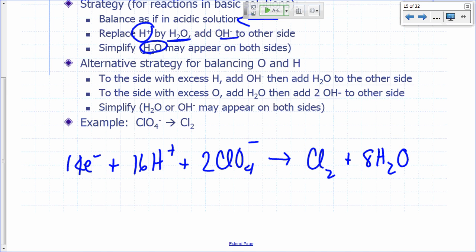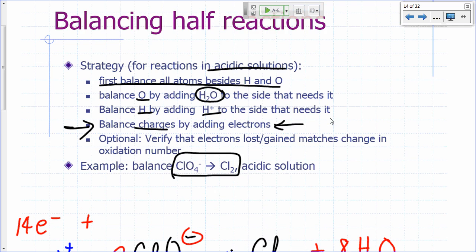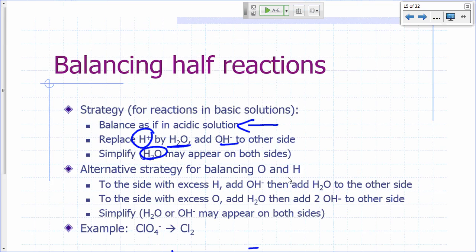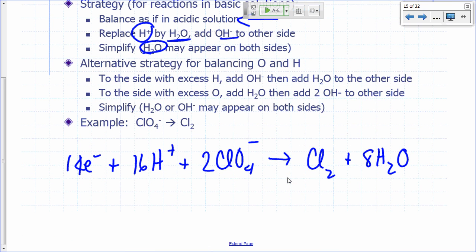That's what we had, right? Let's just make sure. Yeah, that's what we have. So if this were to actually happen in basic solution, then I don't want H+ in my half reaction. Basic solution, I should have more hydroxide. So I'm going to replace this by 16 waters.